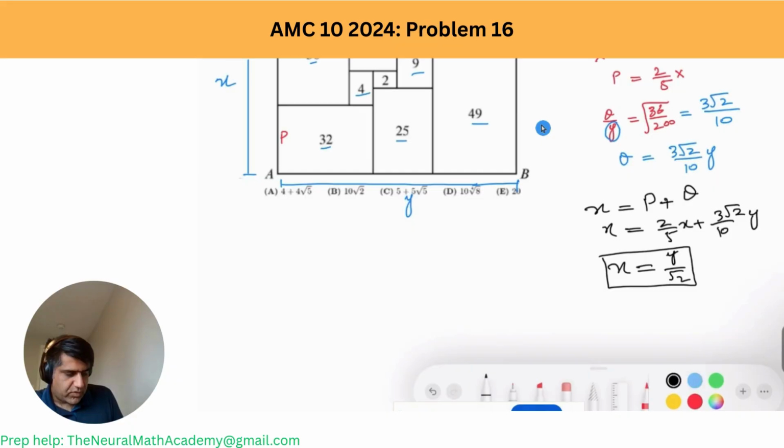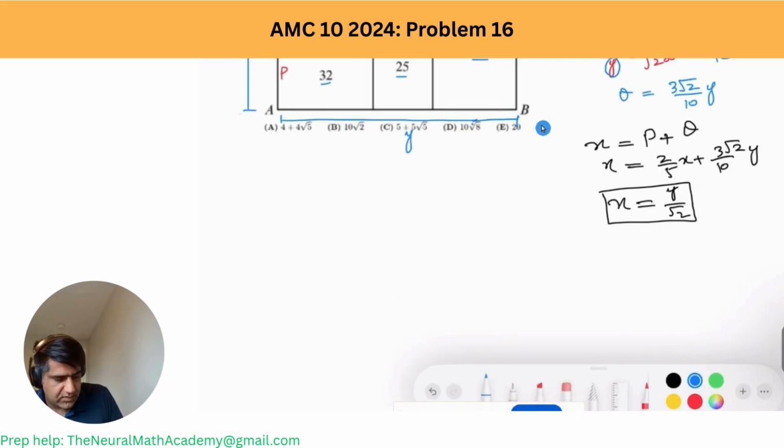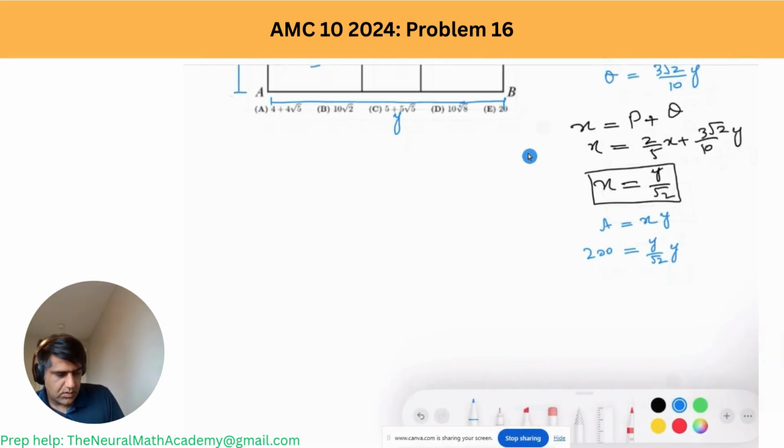So now what we have to do is find y, right? Or the value of y. So we know that the area is xy, right? And also we know x is y over square root 2, and area is 200. Okay.